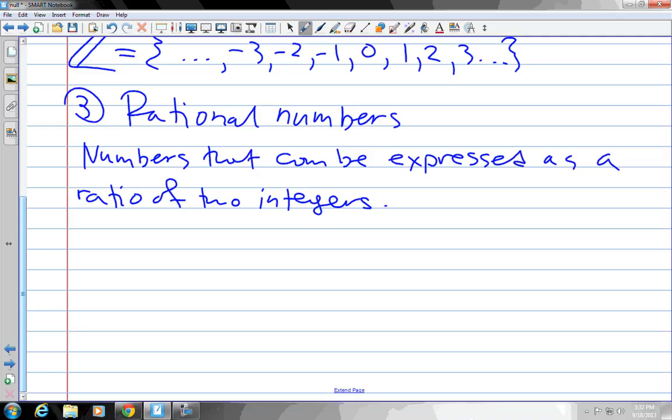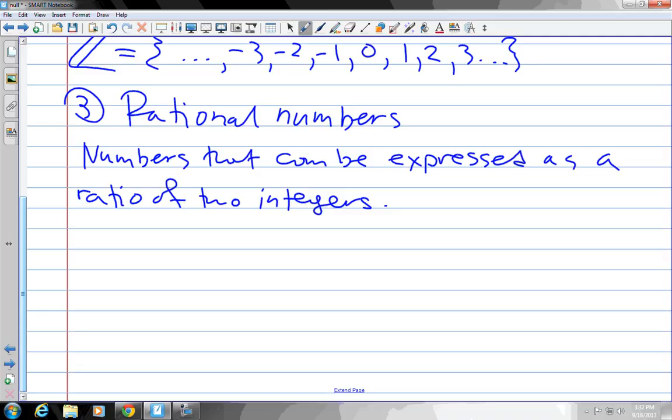So if you have an integer in the numerator and an integer in the denominator, you've got yourself a rational number. One way to see that: if you have a number that has a decimal, you look at the decimal expansion of the number. If that decimal part has a repeated pattern, it will be a rational number, because there will be a way to write it as a fraction divided by a fraction.